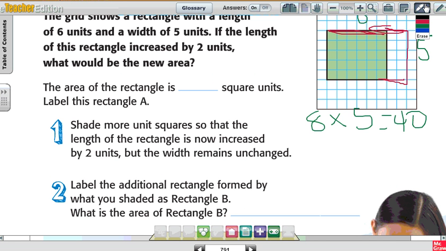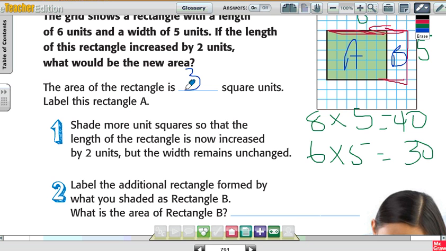The area of the shaded rectangle was 6 times 5, which was 30. So we'll call that A. The whole thing, we'll call that B. So the area of the rectangle A was 30. If I add 2 to the length, that makes it 8. So now it's going to be 8 times 5 for the whole area.